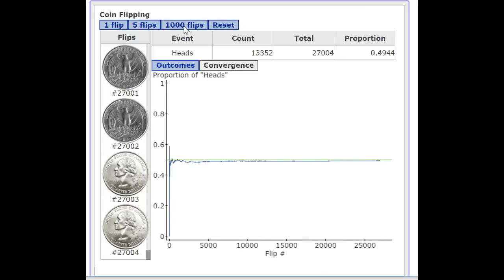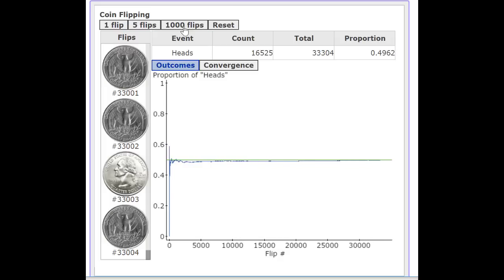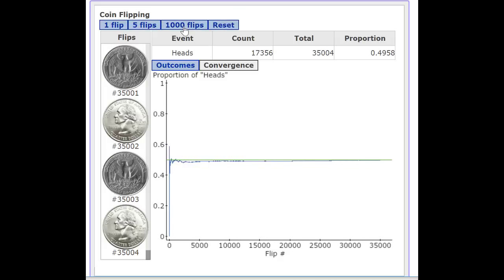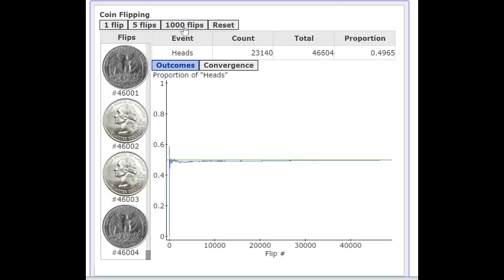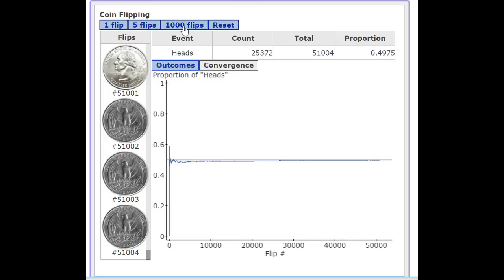And again, in a situation where we know the answer, it seems a little silly that we're doing this since we know the answer should be 50%, but the point is that in many cases we don't really know what the real answer is, so we're just left with repeating the experiment over and over again, thousands of times, and seeing where does it converge to, where does it get infinitely close to, and then we assume that that's what the theoretical probability is, you know, in cases where we don't know what the real answer is.